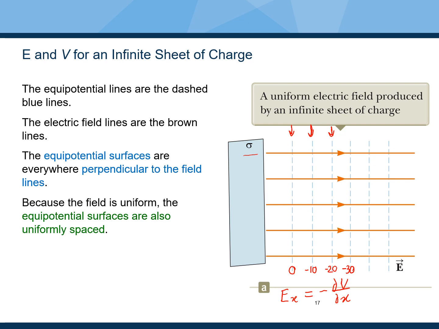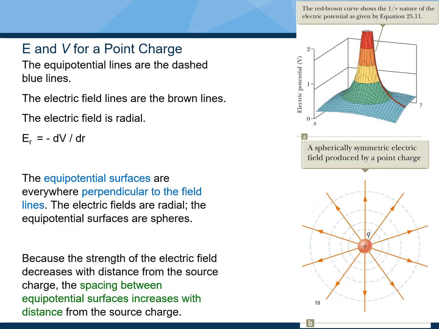Okay? And because the field is uniform, the equipotential surfaces are also uniformly spaced, one with respect to the other. So that's the essential insight associated with this problem that we have seen out here.